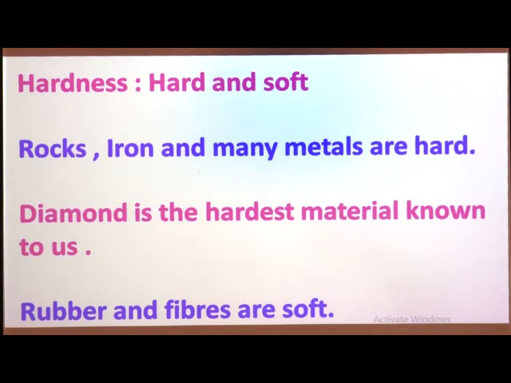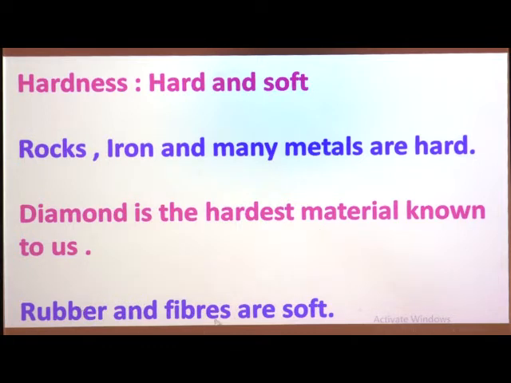Now we will go towards the hardness. So hardness is of two kinds, like the material may be hard or soft. Rocks, iron and many metals are hard. Diamond is the hardest material known to us.